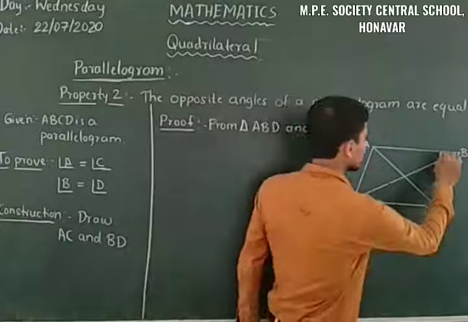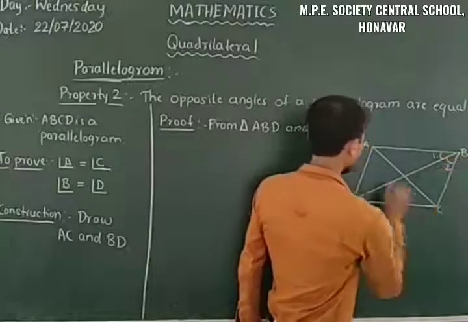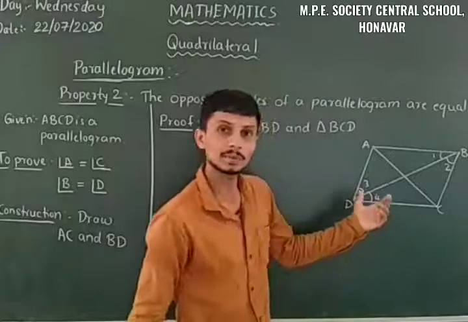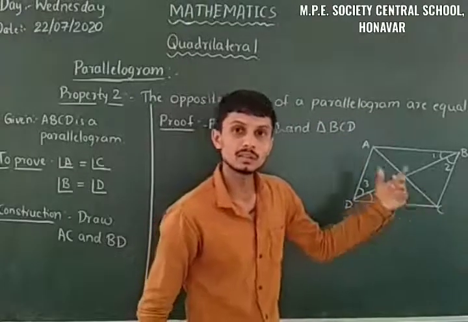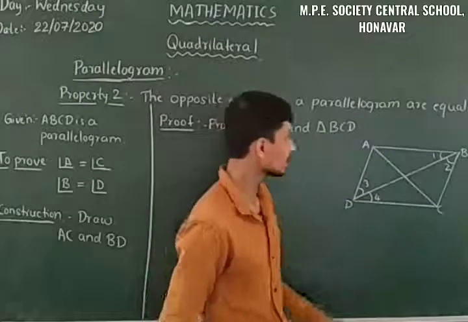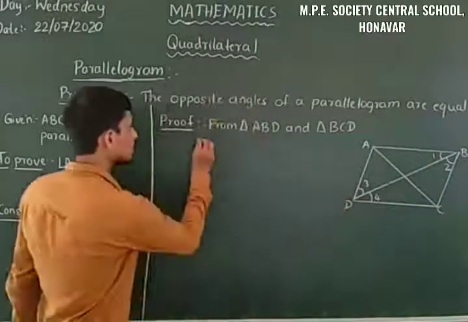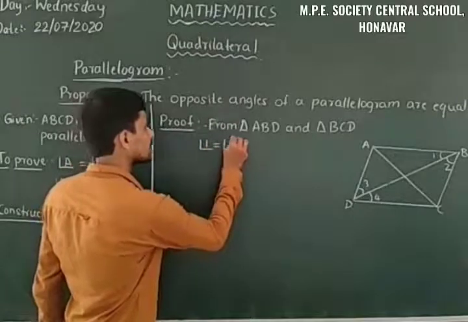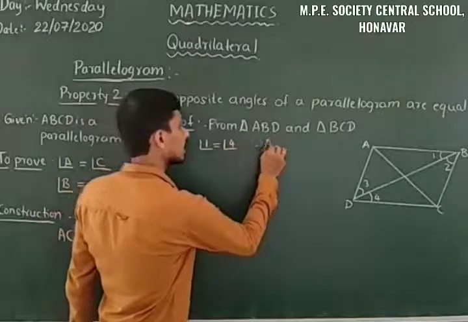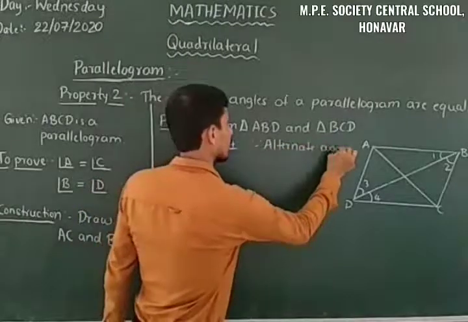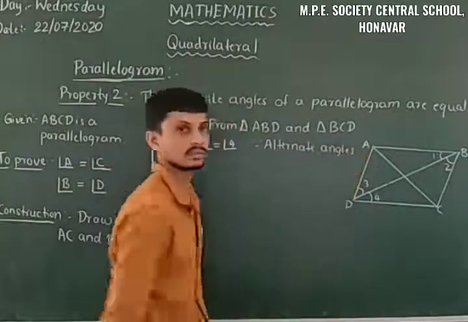So I will call them angle 1, angle 2, angle 3 and angle 4. I will name these, and after that we take the alternate angles here. Angle 1 is equal to angle 4, because they are alternate angles.